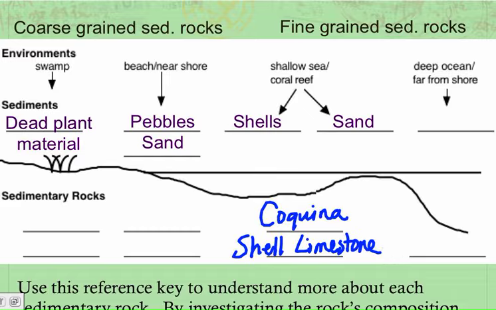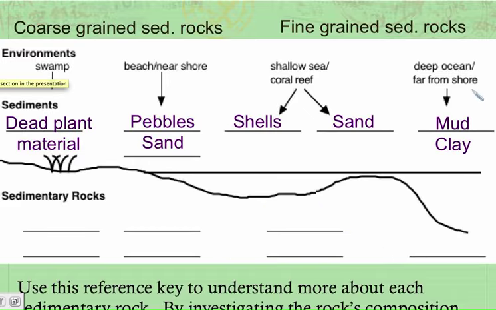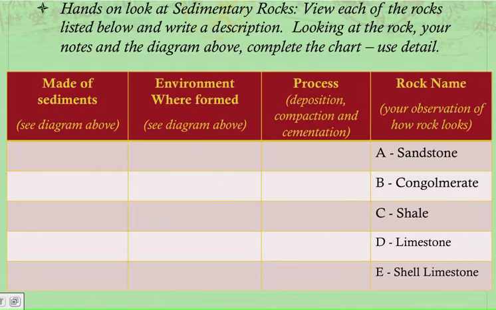And finally, out in the deep ocean, far from shore, again, our current is slowing way down, so our particles become very small, mud particles, clay particles. The main rock I'm looking at here is called shale, has very fine grains in it. So now that I have my table complete, I can start taking a look at the 5 sedimentary rocks we're going to see today: sandstone, conglomerate, shale, limestone, and then shell limestone, which is going to be like that coquina.